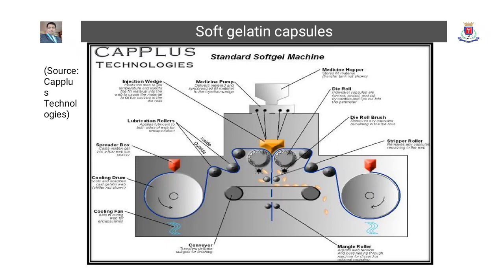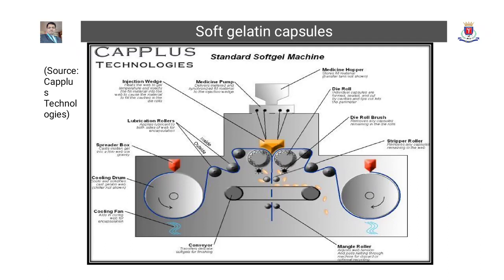The material to be encapsulated flows by gravity into a positive displacement pump. The pump accurately meters the material through the leads and wedge as shown in the figure and into the gelatin ribbons between the die rolls.